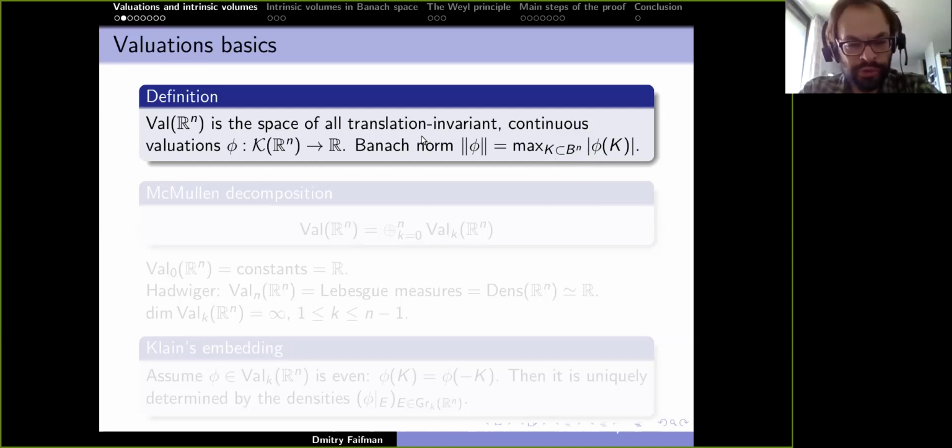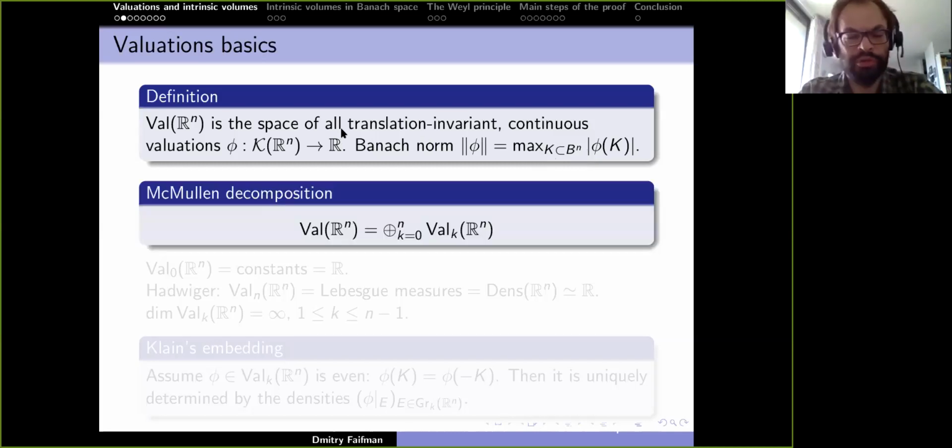And here are the few things we need to know about valuations for this talk. The first is the McMullen decomposition: valuations come in different degrees of homogeneity. Those degrees of homogeneity must be an integer between 0 and n. So we have this direct sum decomposition, and yes, this is how I denote k-homogeneous valuations.